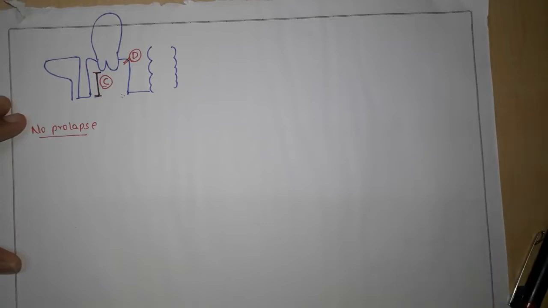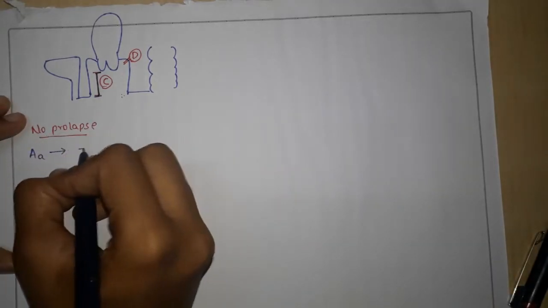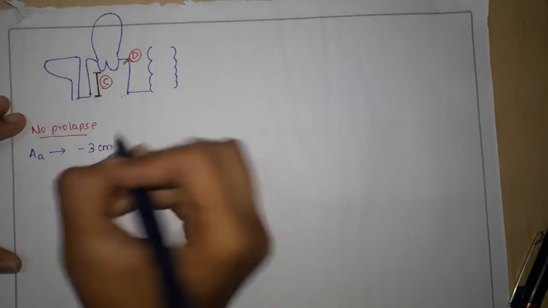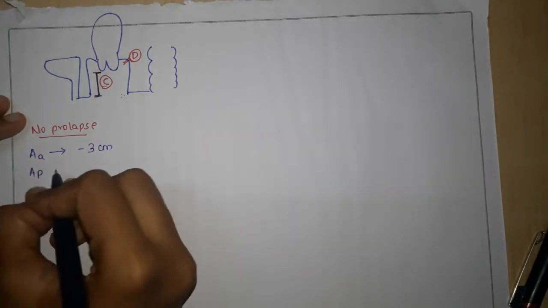Now that we have seen what all points correspond to, you should remember certain points. If there is no prolapse, then AA will be -3 centimeters, AP also will be -3.